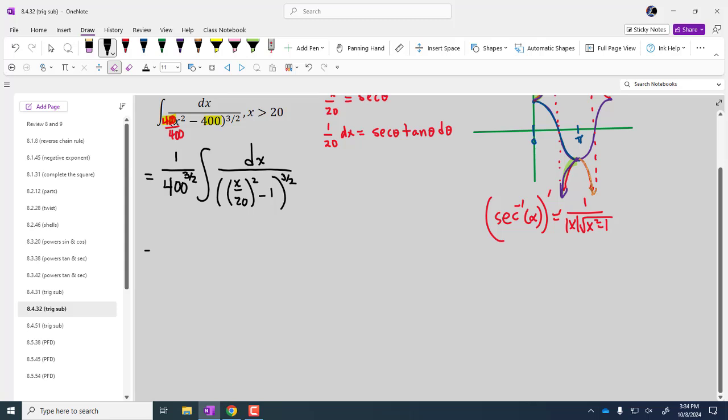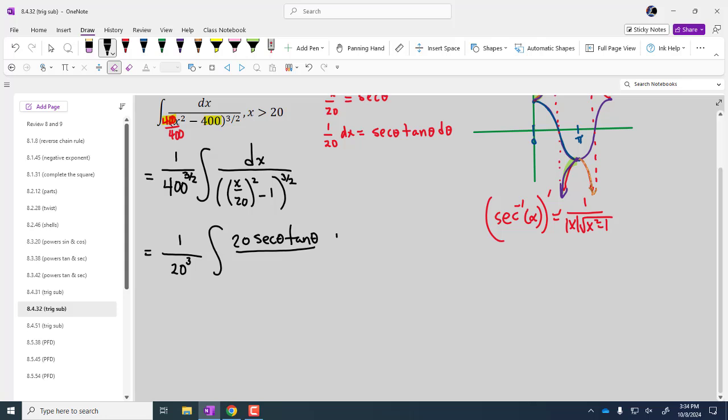Out in front, 400 to the 3/2. The half power is a square root. Square root of 400 is 20, so we're going to have 20 cubed in the denominator here. dx in the numerator is 20 multiplied by secant tangent. So that's the dx.